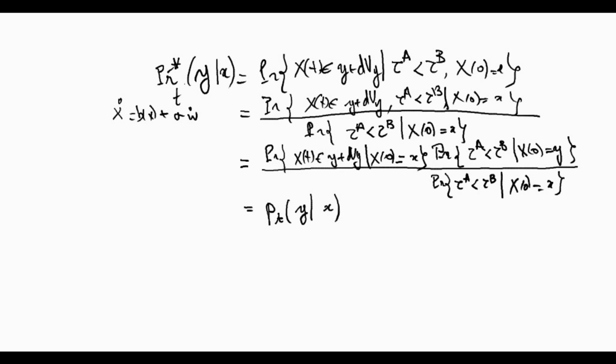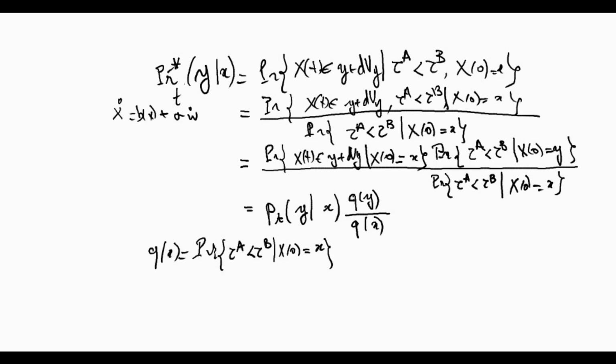And now we simply have p of y, or let's call it q of y, divided by q of x, where q of x, by definition, is the conditional probability that the process escapes in A before B when the initial position is equal to x.